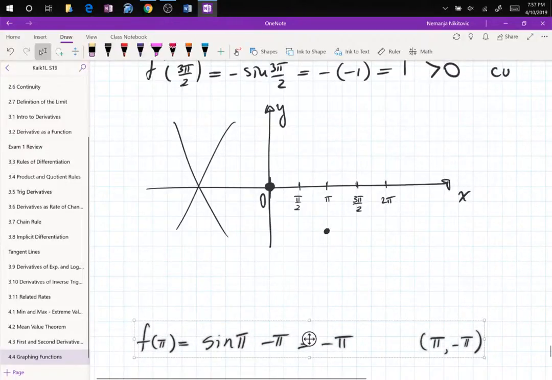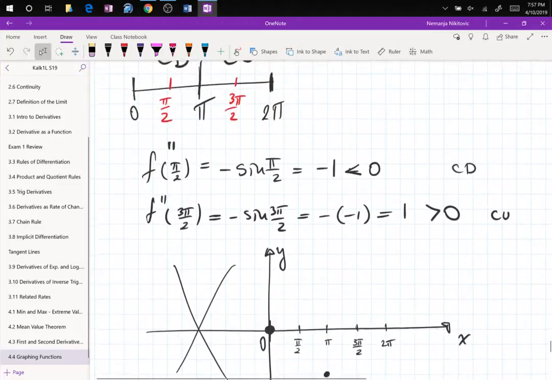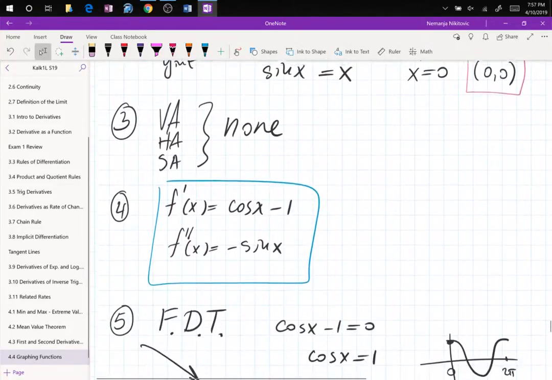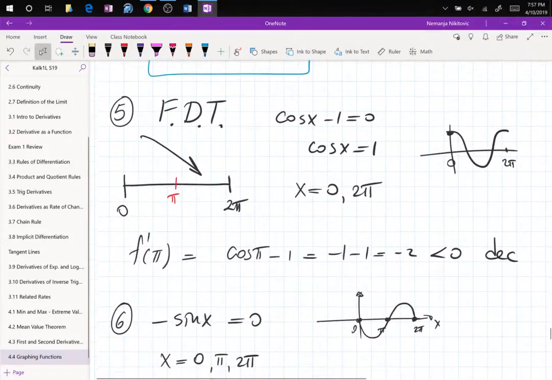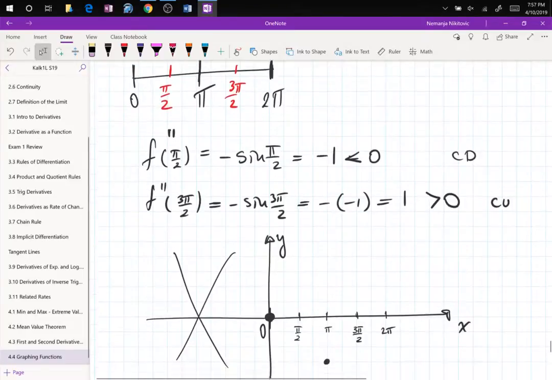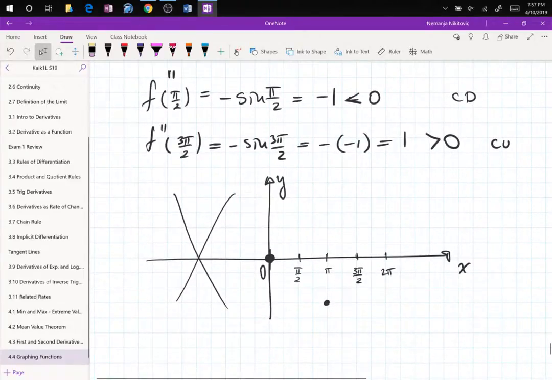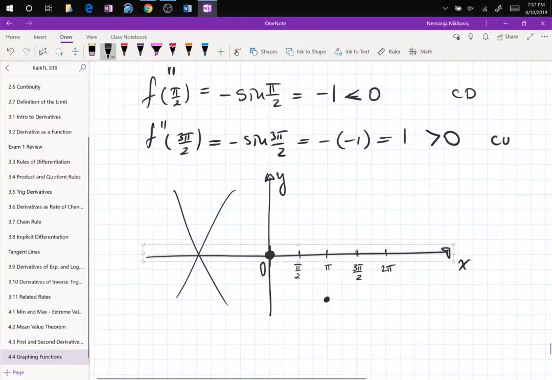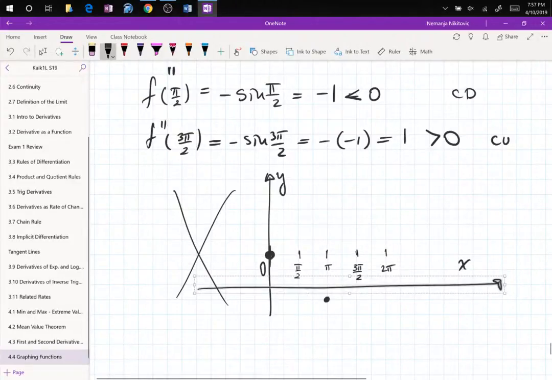Let me move, get more space. All right, so what else do I have? I have 0, 0, no asymptotes, and I have that the whole thing is decreasing, and then concave up and concave down. Okay, so concave down first, and so concave down here.